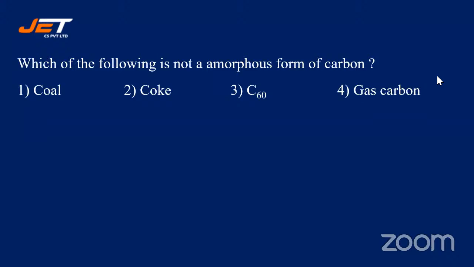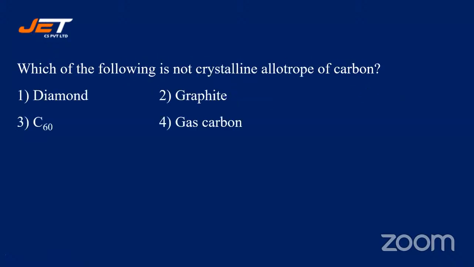Tar Kumari, right. Very good. Yes, so many are giving me the right answer, but few students have given me the wrong answer. Gas carbon is also amorphous. Yes, it is C60. Option 3 is absolutely right answer. It is crystalline. Let us move to the next one.